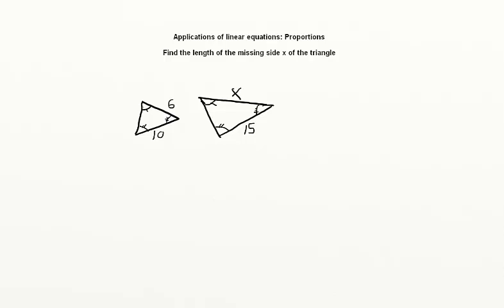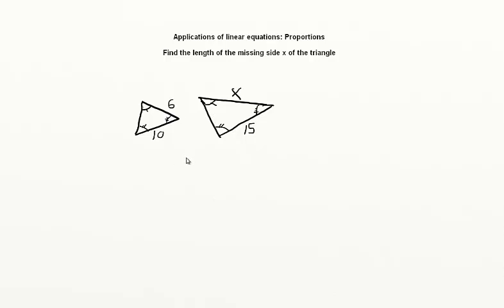So the ratio by which each side is increased should be equal to each other. And so if we look at the ratio of this side and this side, it should be equal to the ratio of this side and this side, because we had to increase by the same amount in order for these two to be similar.